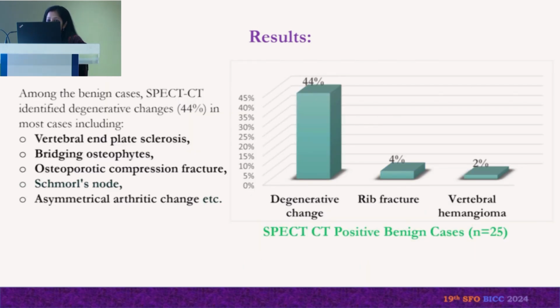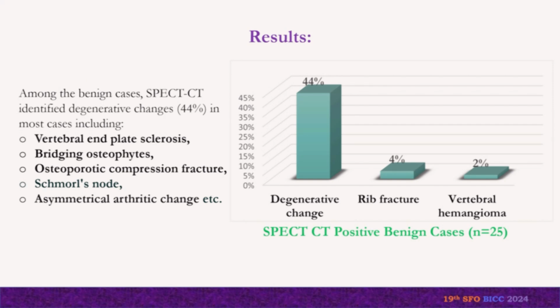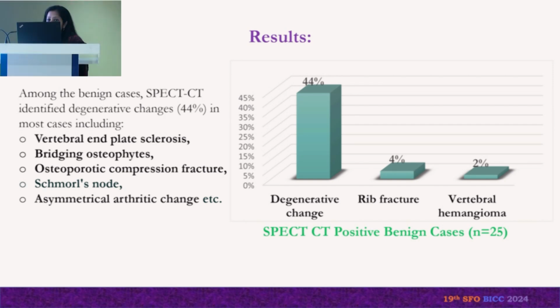Among the SPECT-CT benign cases, mostly are degenerative changes, that means 44% are degenerative changes, that includes vertebral end plate sclerosis, bridging osteophyte, osteoporotic compression fracture, sacral knot, and asymmetrical arthritic changes.